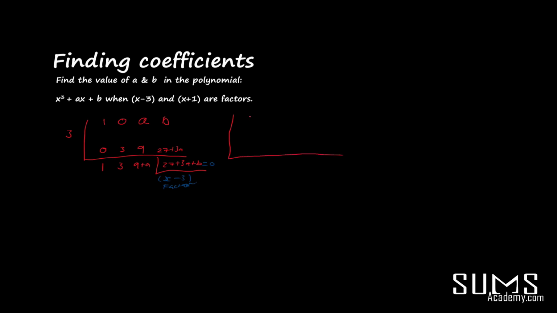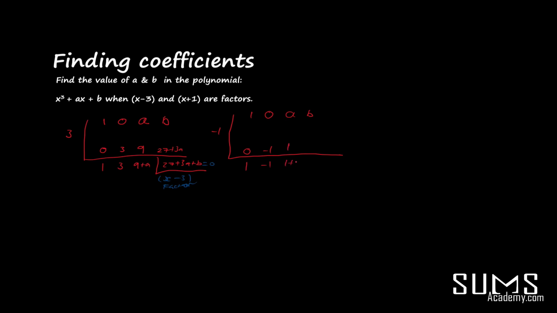Exactly the same as before. It's 1, 0, a, b, but instead of 3, our factor here is negative 1. So this is 0, and this is 1. 1 times negative 1 is negative 1, plus 0 is negative 1. Up here is going to be negative 1 times negative 1, which is 1.